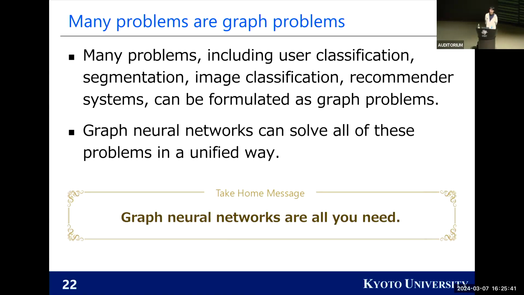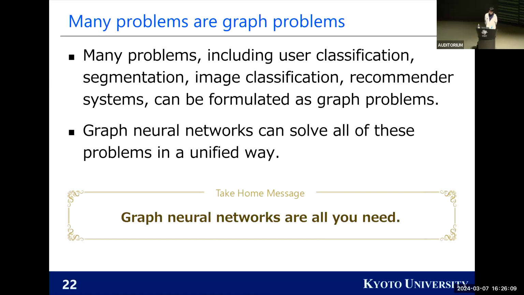And also, you may think that transformers are very powerful machine learning models because they can solve many natural language processing tasks, and also they can solve image classification by the vision transformer. But actually, as we will see later, transformers are a special case of graph networks, and graph networks are more general, or at least as general as transformers.